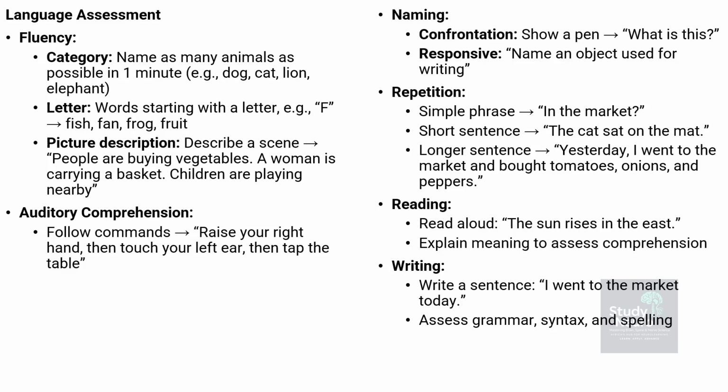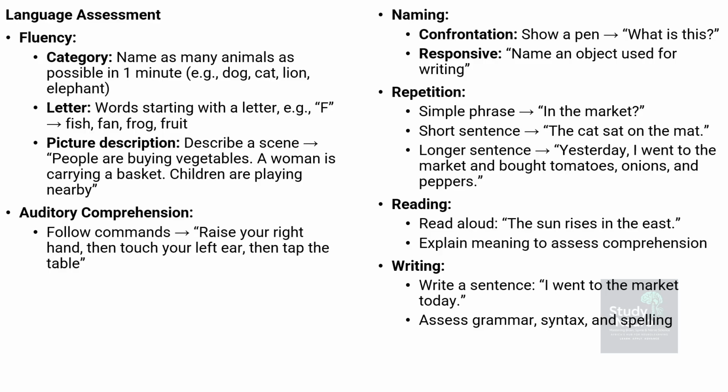When assessing language, we evaluate several complementary skills to understand how well different language networks are functioning. We usually begin with fluency. For example, we may ask the patient to name as many animals as possible in 1 minute.